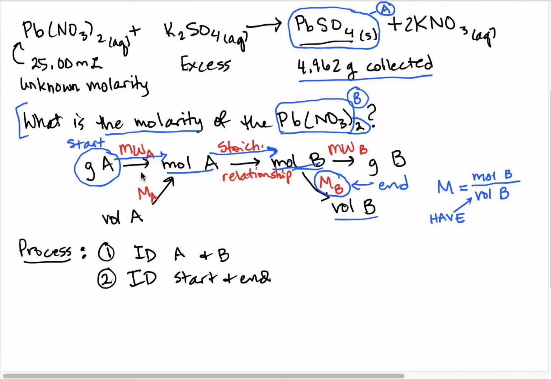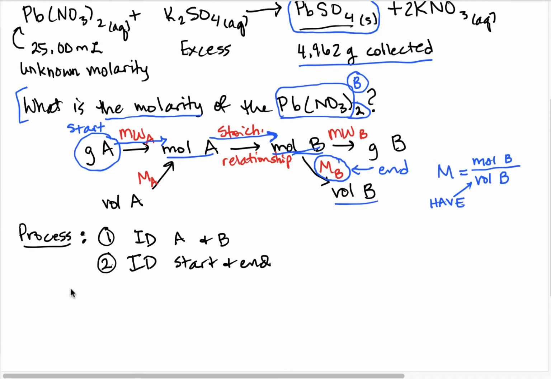All right, welcome back. So hopefully this was a good calculation for you, and you started with 4.962 grams of lead sulfate. Now our gram to mole, we need the molecular weight of the lead sulfate. So I calculated that, and hopefully I did that right.